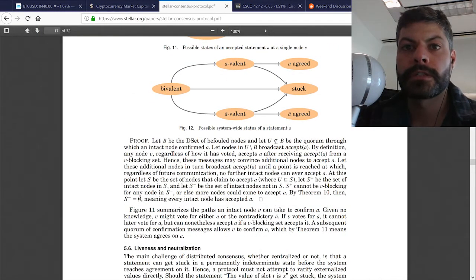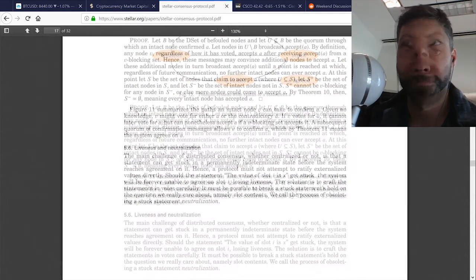Figure 11 summarizes the paths an intact node V can take to confirm A. Given no knowledge, V might vote for either A or the contradictory A dash. If V votes for A dash, it cannot later vote for A, but can nonetheless accept A if a V-blocking set accepts it. A subsequent quorum of confirmation messages allows V to confirm A, which by Theorem 11 means the system agrees on A.